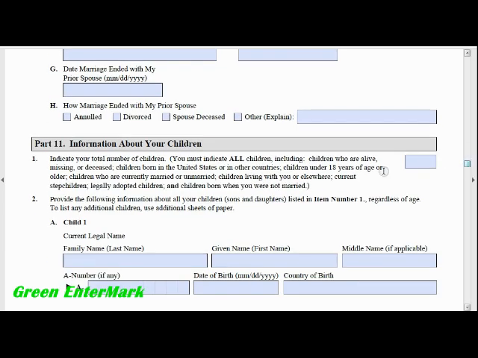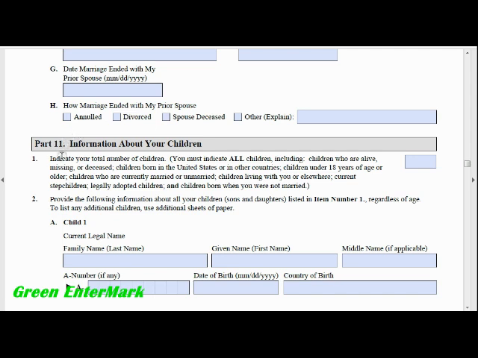Okay. Then how the marriage ended with your spouse, whether annulled, or divorced, or spouse deceased. Okay. Now part 10 is ended here.